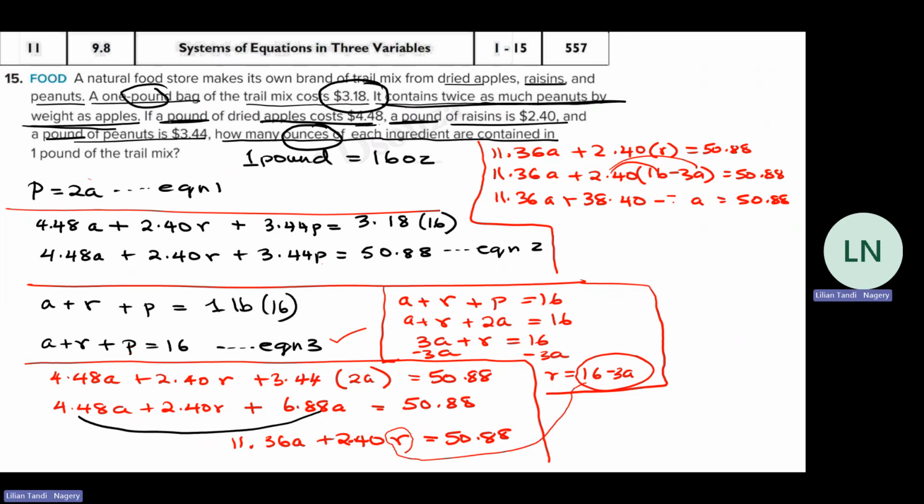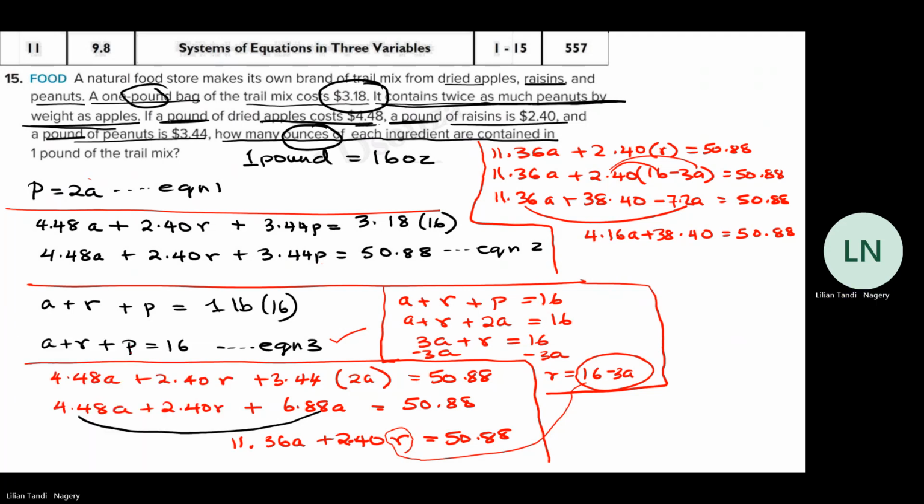So negative 7.2A. Now these two are friends. 11.36 minus 7.2 should give you 4.16A plus 38.40 equals that.